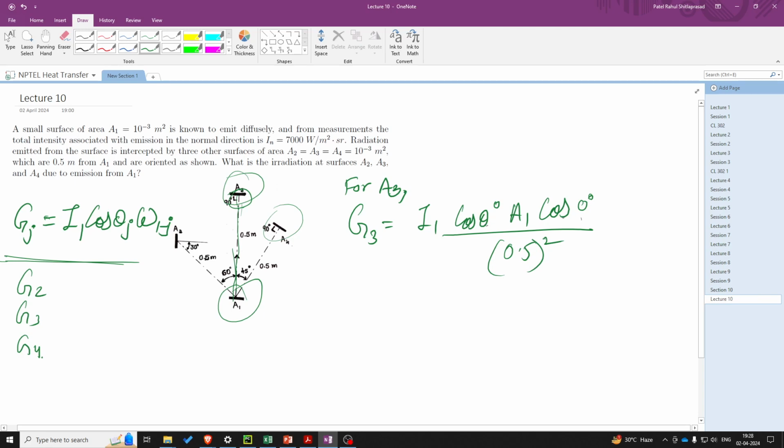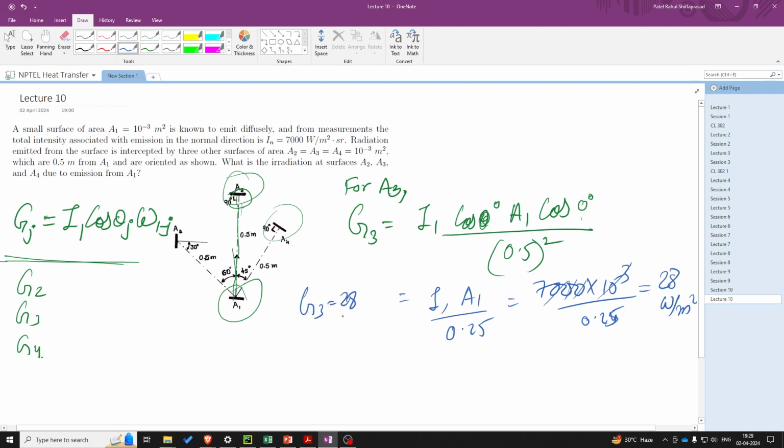Cos of 0 over here is also 0 degrees. So this will be I1 into A1 upon 0.25. I1 is 7,000, A1 is 10 raised to minus 3, upon 0.25. So this will be 4 times 7, that is equal to 28. Since it is radiation, it will be watt per meter square. So the value of G3 is 28 watt per meter square.